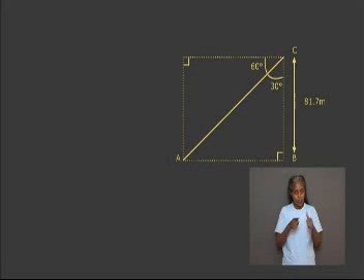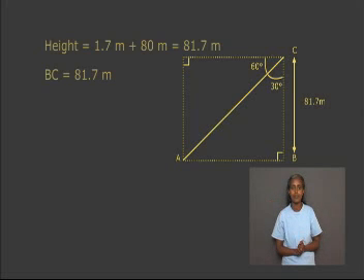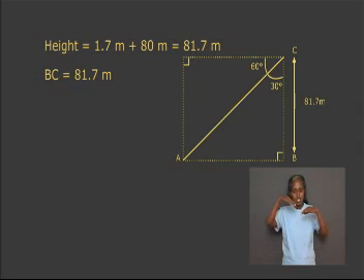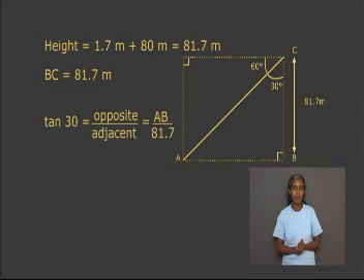Our first step is to draw triangle ABC. To find the length of BC, we add Samuel's height to the height of the cliff, and we get 81.7 meters. We can find the measurement of angle C by subtracting 60 from 90.